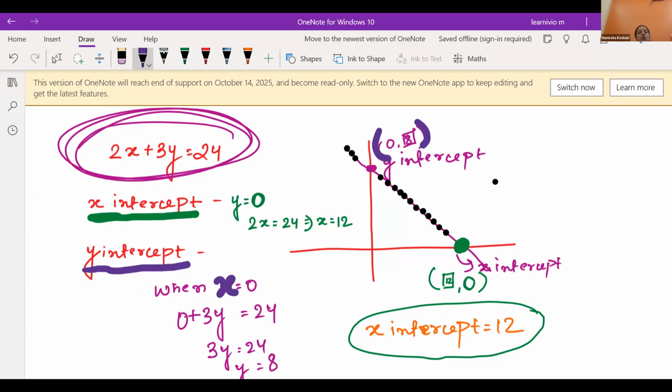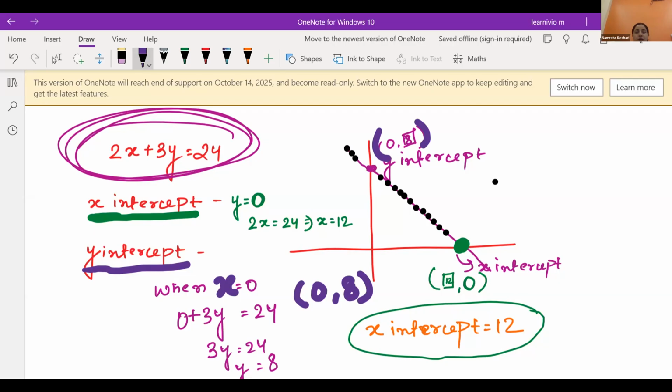We took x as 0 and we found y as 8. This is our y-intercept. It can be written in coordinate form as (0, 8), or as y-intercept equals 8. Whenever it is given like this, you need to understand what it means. Is it making sense to all of you?